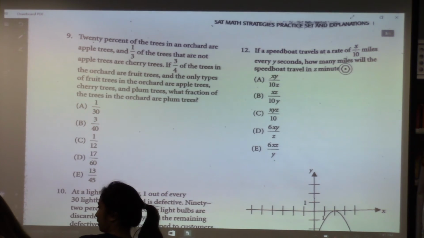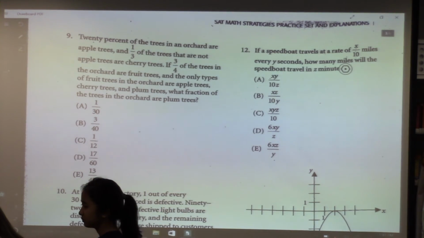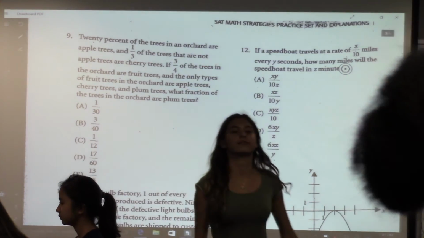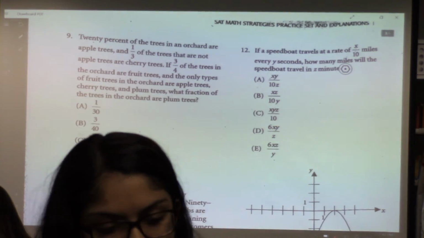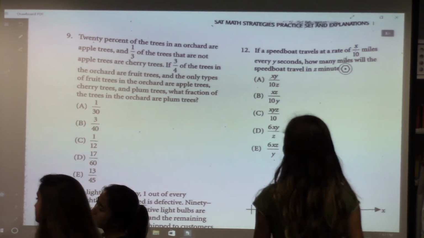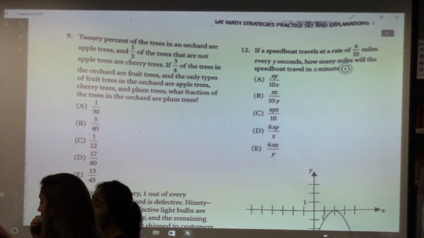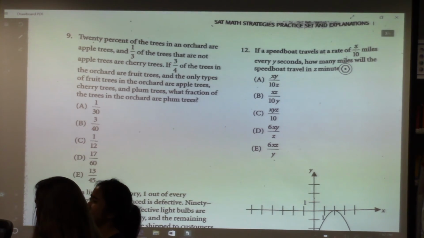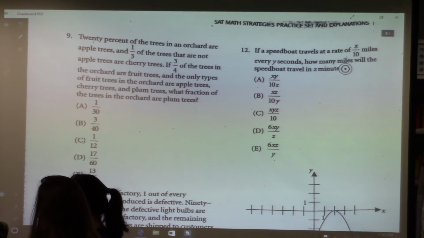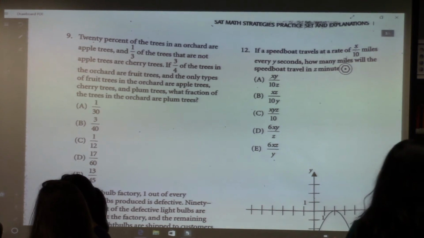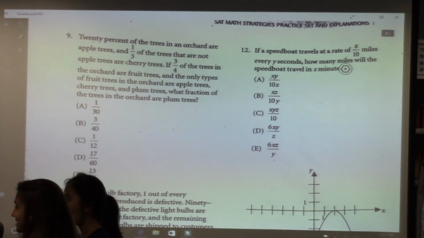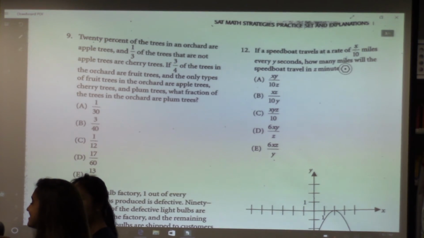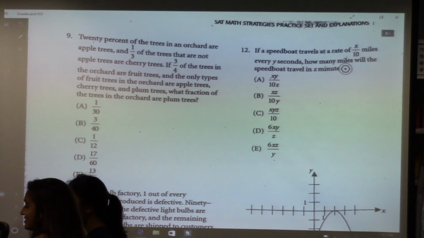Long time no see. Because 20% of the trees are opposite.